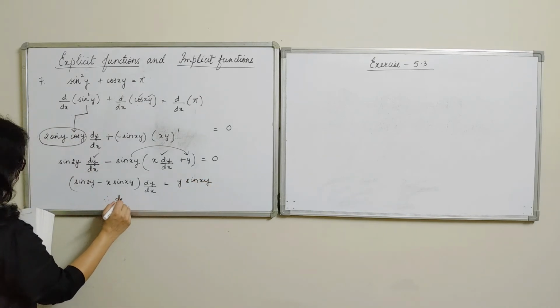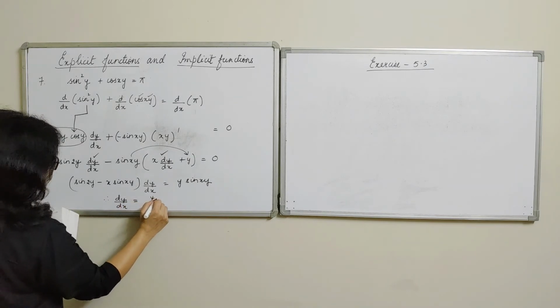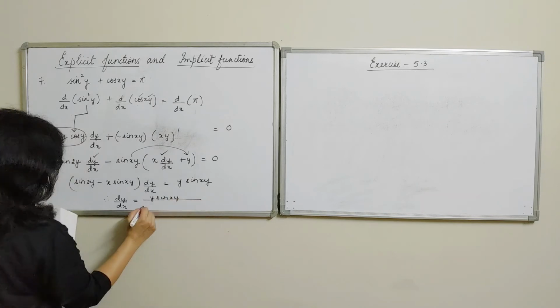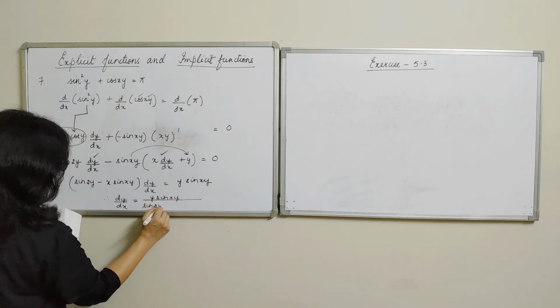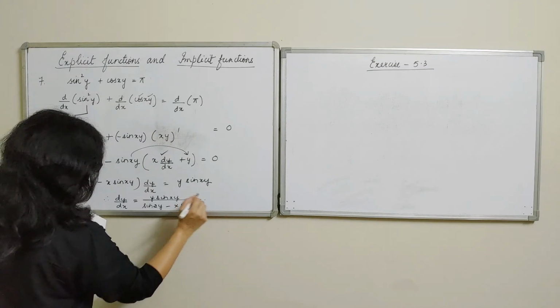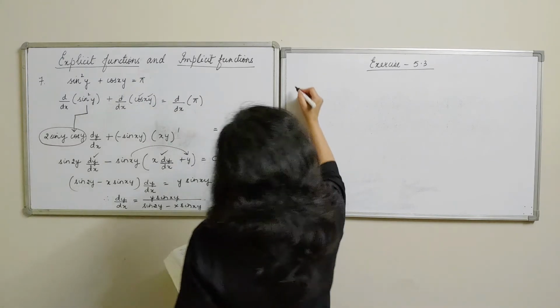So this way we have finally obtained dy by dx, which is equal to y sine xy divided by sine 2y minus x sine xy. Okay, next question number 8.